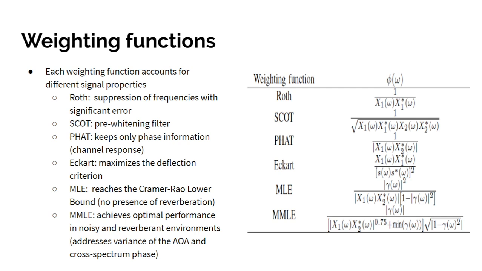Right, so why does it have this behavior? It maximizes the deflection criterion, which is the ratio of change in mean correlation output due to the signal of interest compared to the component of noise only. This is a rather complicated concept, but it will be really useful in the further analysis that we are going to conduct.